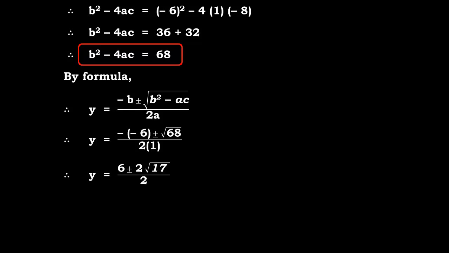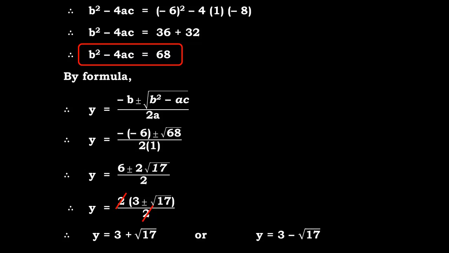So y is equal to 6 plus or minus 2 root 17 upon 2. From the numerator we can take 2 common in bracket: 3 plus or minus root 17 upon 2. 2 gets cancelled. So y is equal to 3 plus root 17 or y is equal to 3 minus root 17. So next we have to solve equation 2.